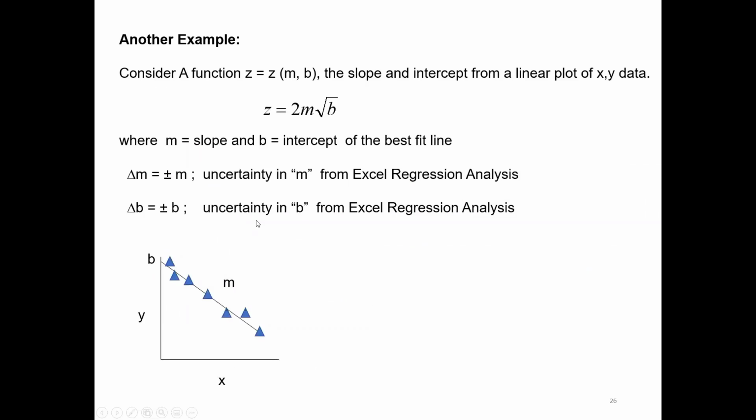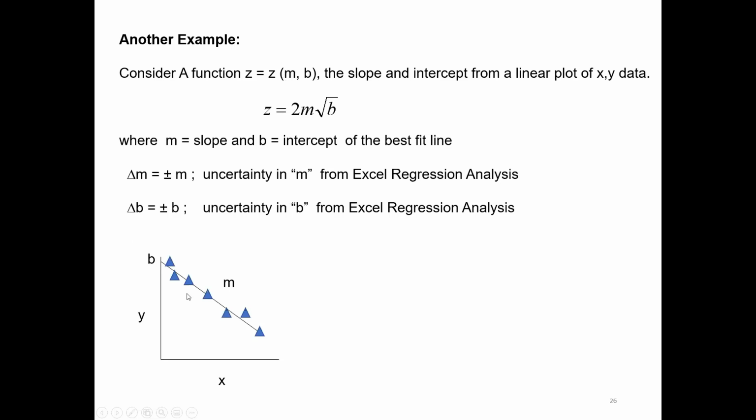Let's consider an even more complicated example. Say I have a function z that has two variables, m and b, and the m is the slope from the linear plot.